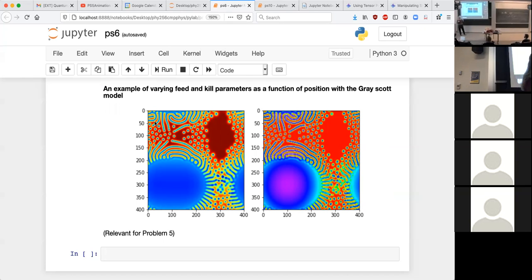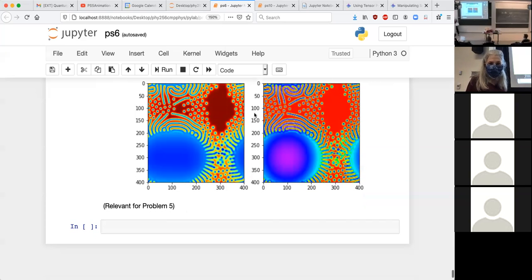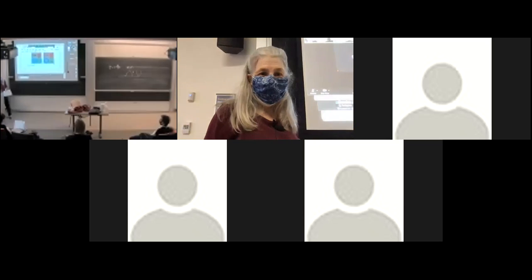How do you get it to look really cool? This one, I think, is the Gray-Scott model, and you have to play around to find nice ranges that give you pretty pictures like this. It is cool to see the way the patterns change as you vary the parameters in the reaction model. So that's what next week's assignment is about.